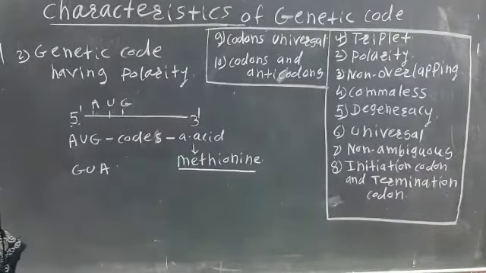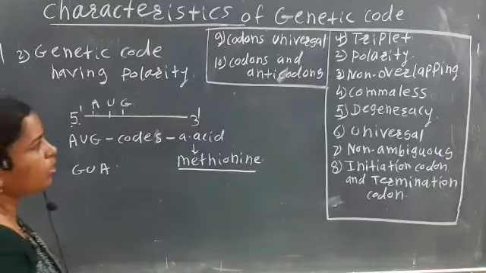Then the next characteristic is that the genetic code is non-overlapping.